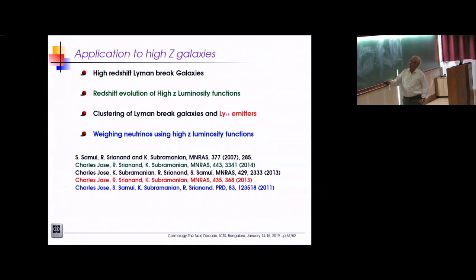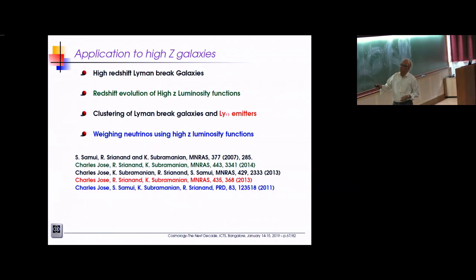So we wanted to understand the high redshift Lyman break galaxy luminosity function, the redshift evolution, the clustering, and we also threw in a nice spanner in the works, which was always nice. Can you use this to constrain something else? So this is also a paper which Charles was the main author. We weighed neutrinos using this high redshift luminosity function.